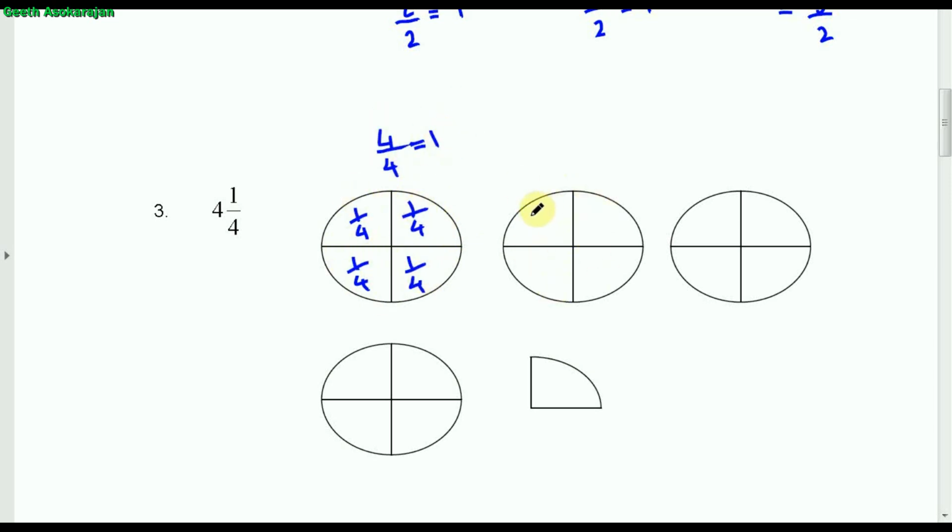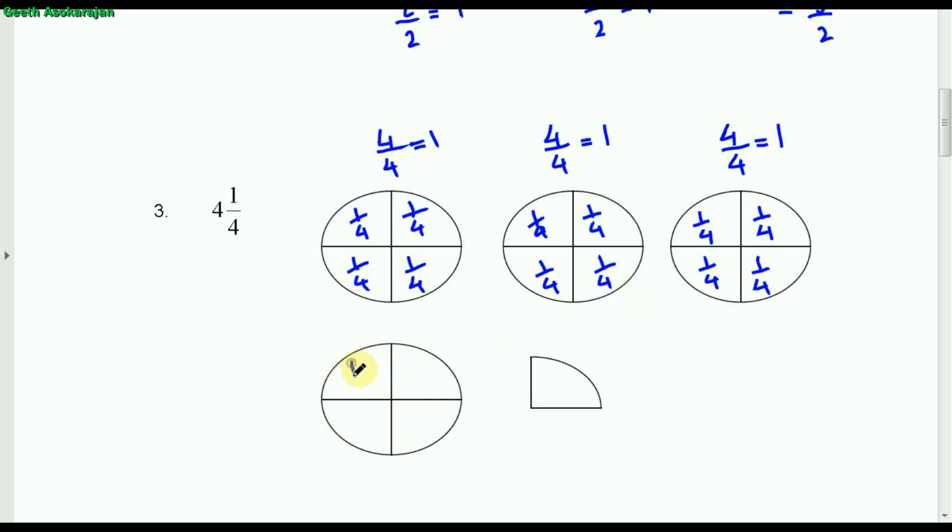And we have another whole comprised of four quarters: 1/4, 2/4, 3/4, 4/4, which is another whole. We have another whole here, which contains 1/4, 2/4, 3/4, 4/4, and 4/4 is another whole.